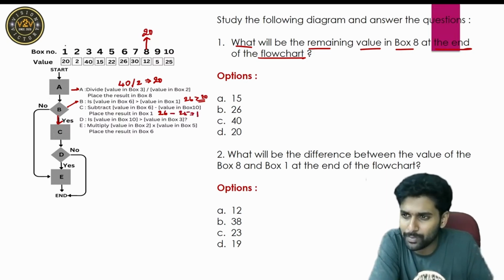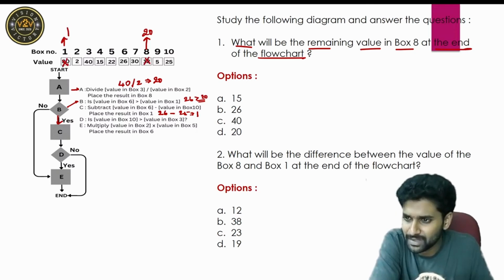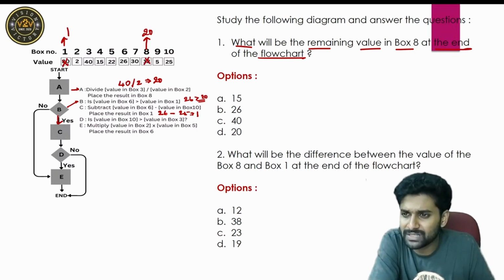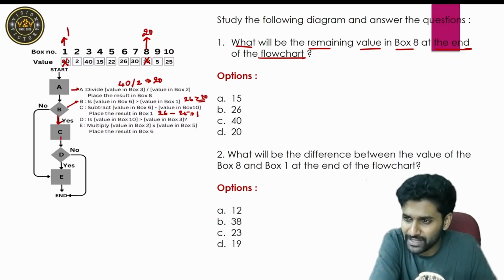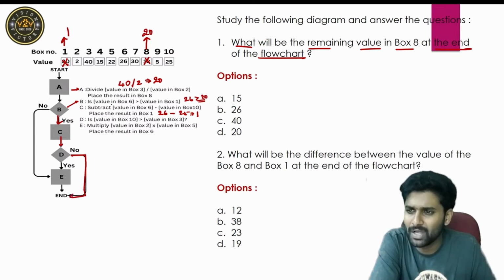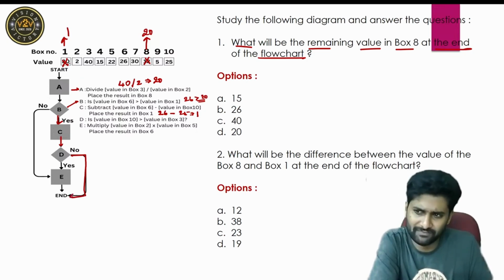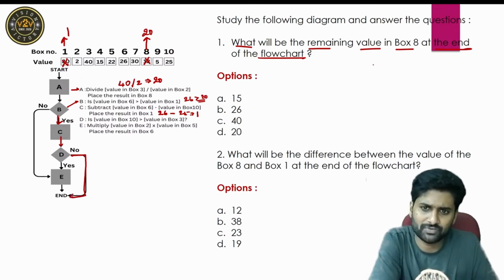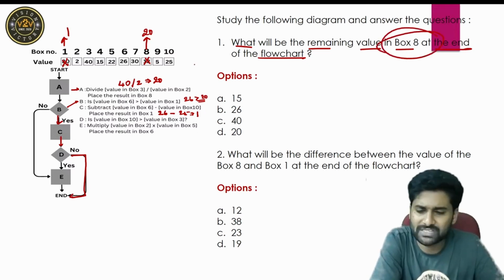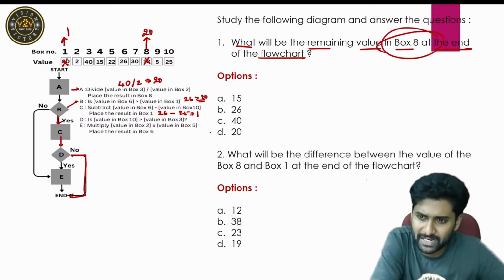Whatever the value is, you have to place it in box number 1, so you erase the old data. Now D says box number 10, value 25, is greater than 40? It's a no, so you can end the steps. Now you can figure out the values in box number 1 and box number 8. The question asks what box number 8 represents: box number 8 represents 20.